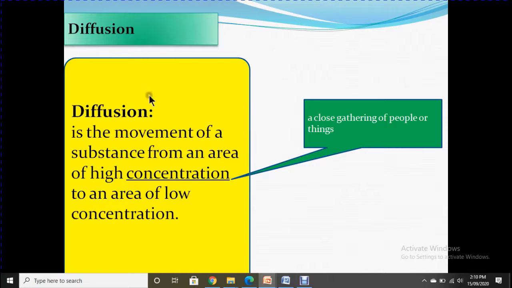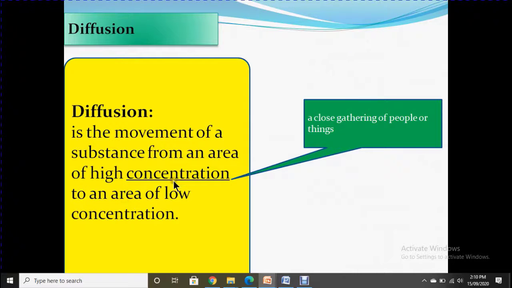So these particles of the smell are moving from the kitchen to the other rooms. So you can say that the kitchen is a place where the amount of the substance is more, or you can say high concentration, and they move from higher to lower, meaning into the other rooms.